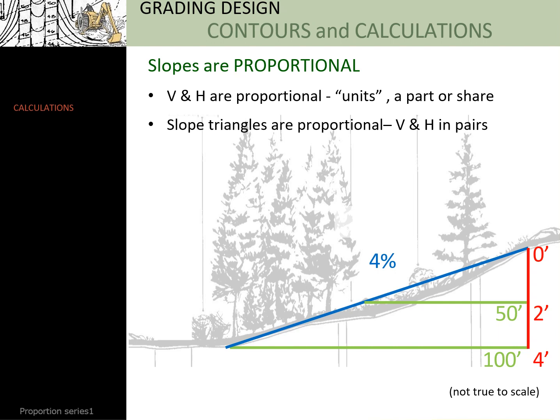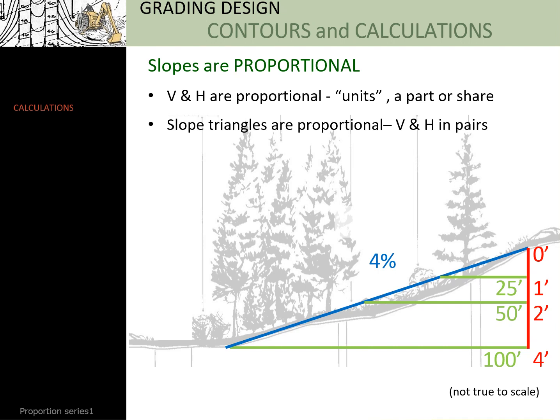So in this case, if the rise shrank from 4 to 1, so cut in quarter, the run would shrink at the same rate. So we would instantly know the run would be a quarter of 100 feet, which is 25 feet.